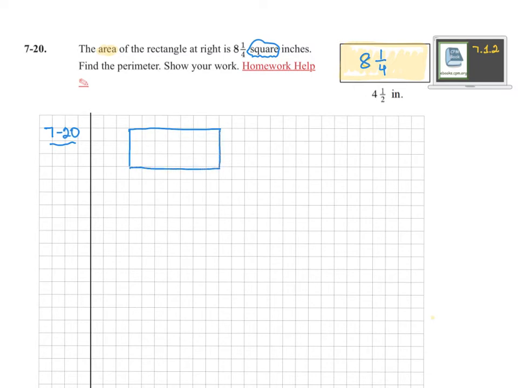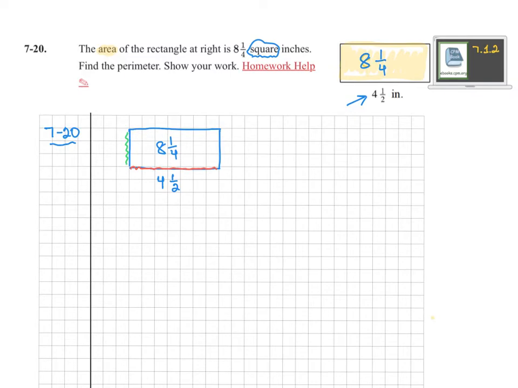So looking at what's given, area is important, that's the inside. And looking at the side, we're given the length of 4 1/2. So how long is this? It is 4 1/2. But in order to find perimeter, we need to also know how wide it is. Currently we do not have that information.